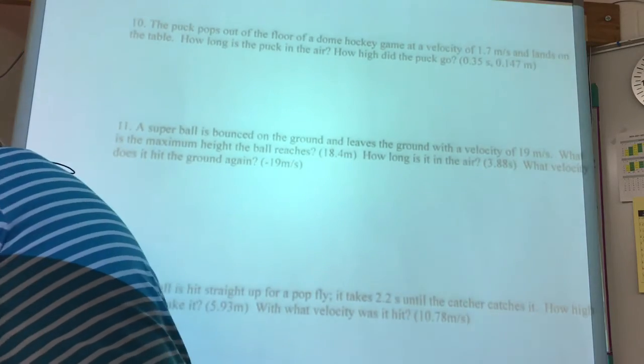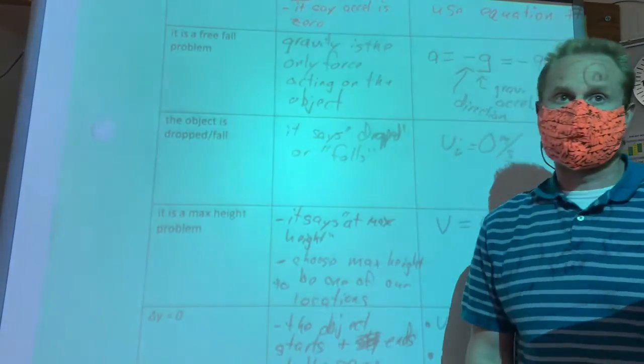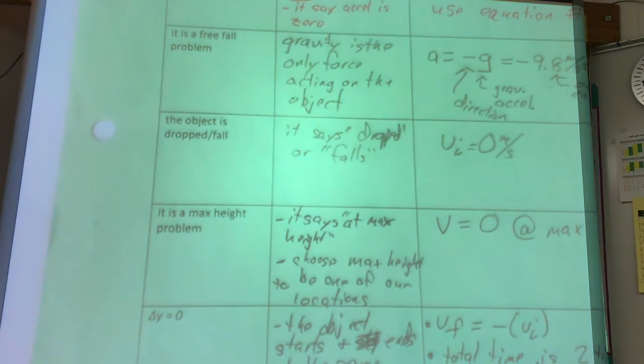Is the only force acting on it gravity? Is it a free fall problem? The answer is yeah, it's a free fall problem. So because it's a free fall problem, the hockey puck leaves the table at 1.7 meters per second, reaches max height, and we know that the velocity at max height has a value of 0.